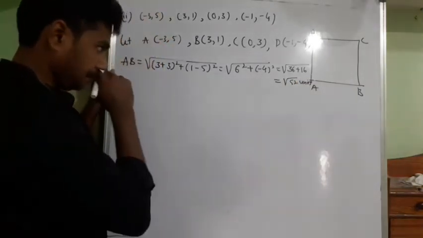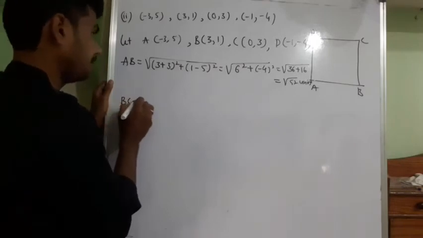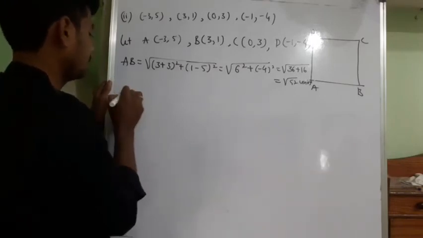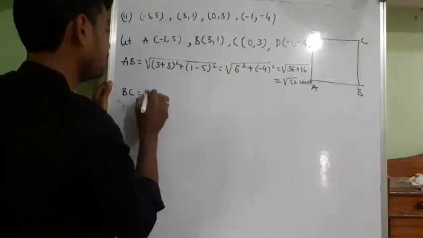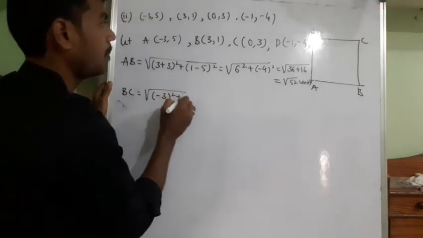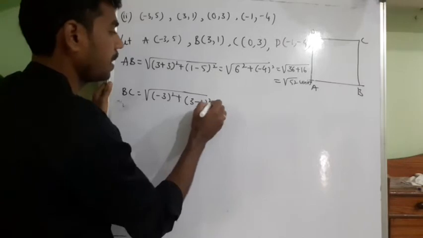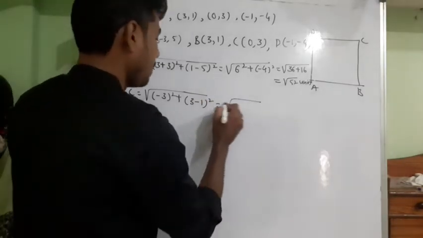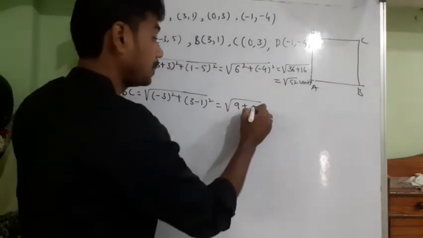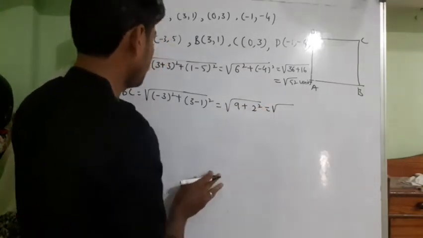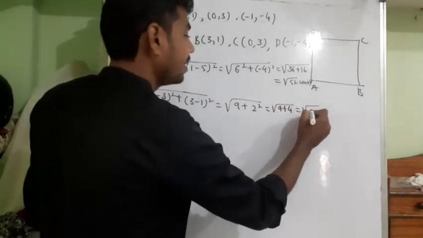Next, BC. So we can write 0 minus 3, which is minus 3, whole square plus 3 minus 1 whole square, which is 9 plus 2 square, which is 9 plus 4, which is root 13.